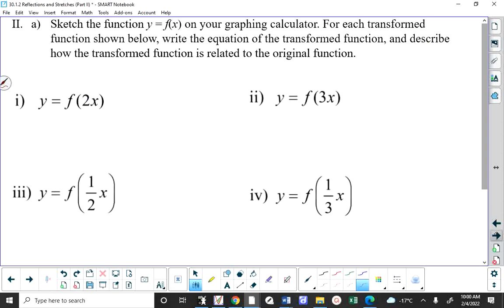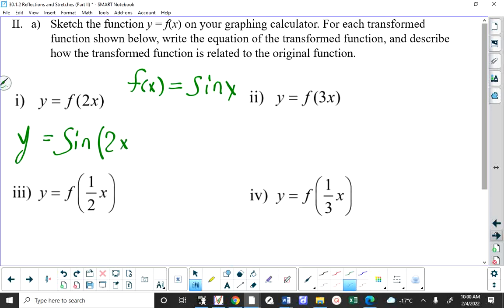So this time we are multiplying x by something. Remember that f of x is sine x. So if I said, what is f of 2x? It's sine of 2x. So this time we're changing the input of the function. We're not taking the whole function and multiplying it by 2, or by 3.